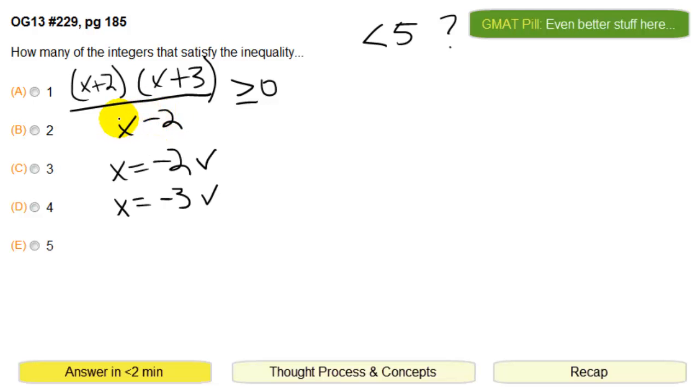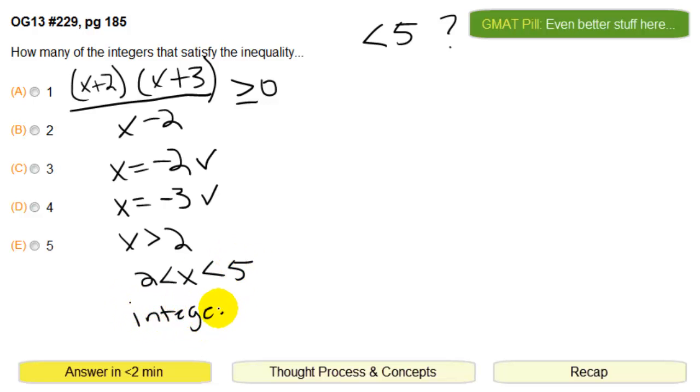So when x is 2, you're just getting to 0. Anything below 2, you're going to get a negative value. Anything above 2 will give you a result that's greater than 0. So x has to be greater than 2, right? So between 2 and 5, how many integers?